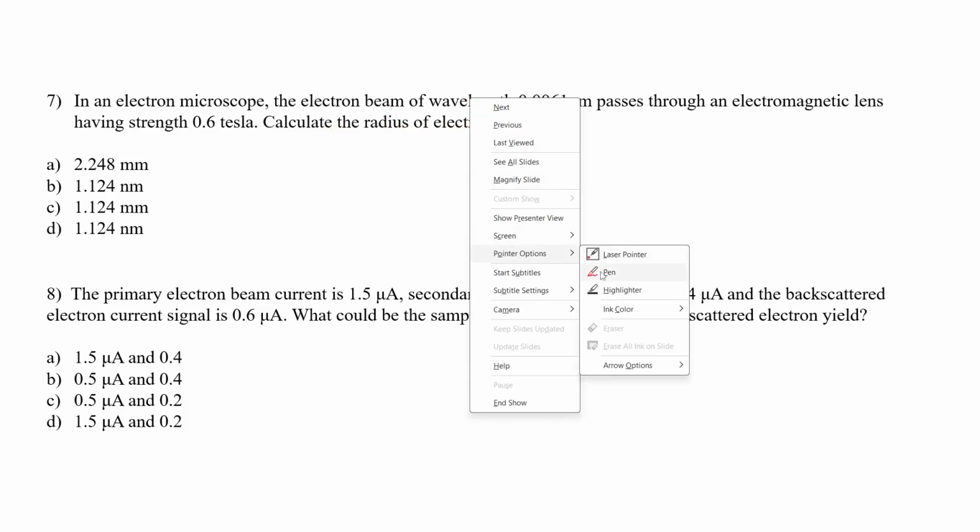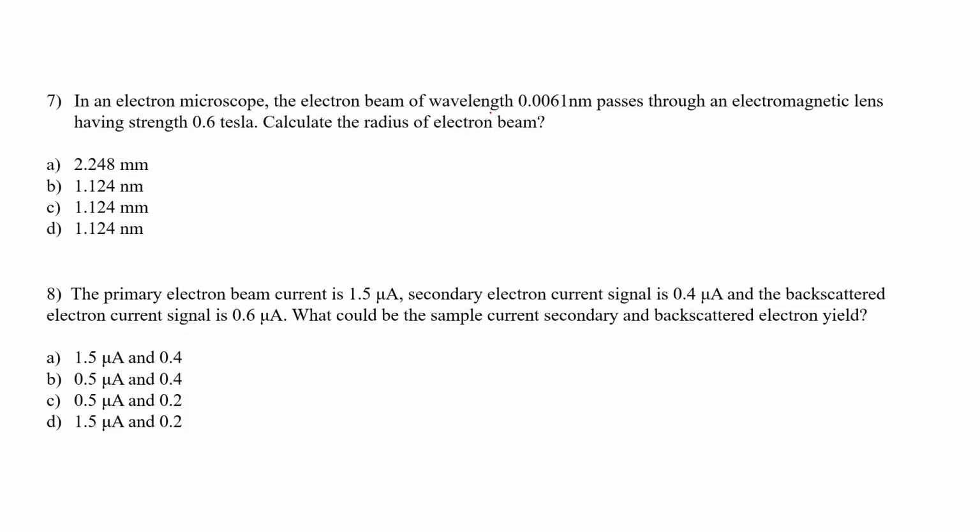Firstly, I request all of you to please calculate the energy in kilovolt of the electron beam. It is given as the wavelength of 0.0061 nanometer. Since we already discussed in the previous question how to calculate the wavelength from energy, can you calculate the energy from the wavelength which is given over here?